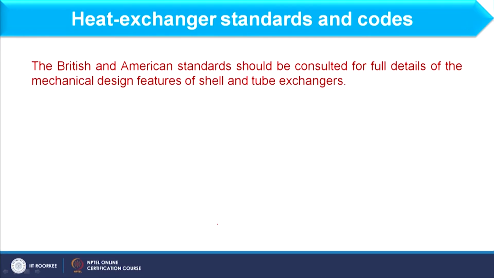British and American standards should be consulted for full details of mechanical design features of shell and tube exchanger. So all these codes which are available are basically for mechanical design. Process design is not covered in these codes or standards.